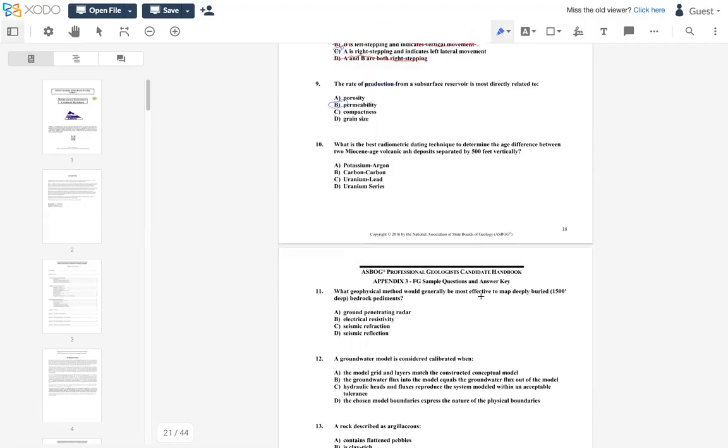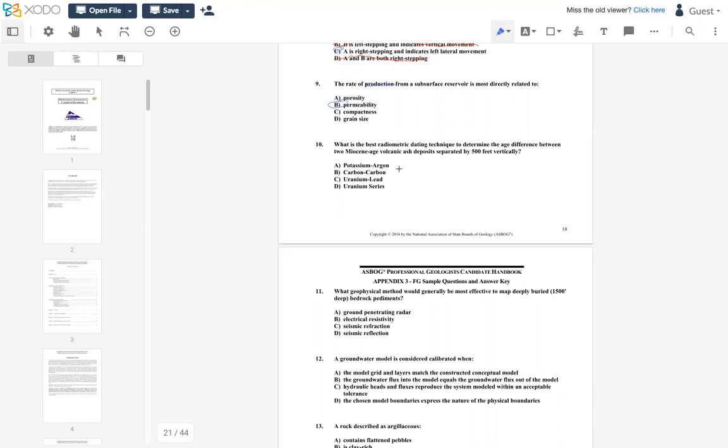Number 10. What is the best radiometric dating technique to determine the age difference between two Miocene-age volcanic ash deposits separated by 500 feet vertically? Whew, that's a mouthful. Well, what do I know about these different dating techniques?